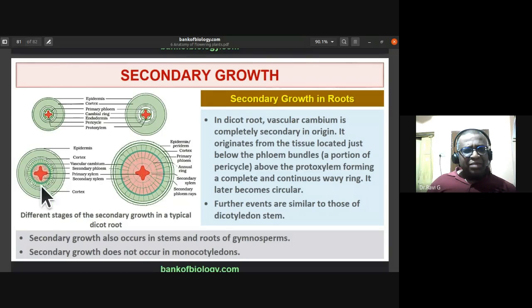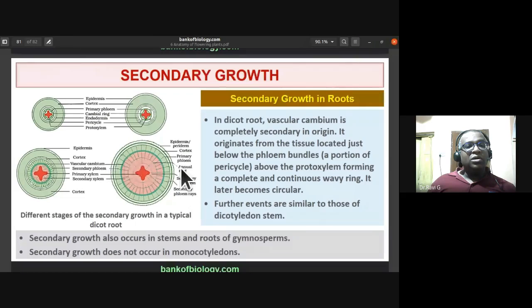Later it becomes circular, and it cuts off more cells towards the inner side, which we call the secondary xylem, and towards the outer side it cuts off fewer cells, which we call the secondary phloem.